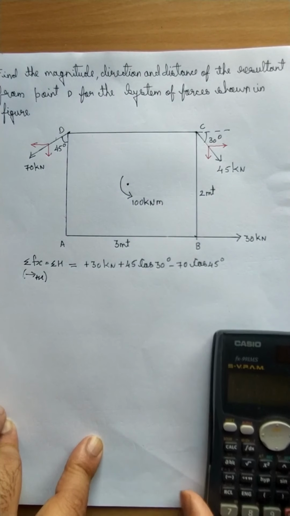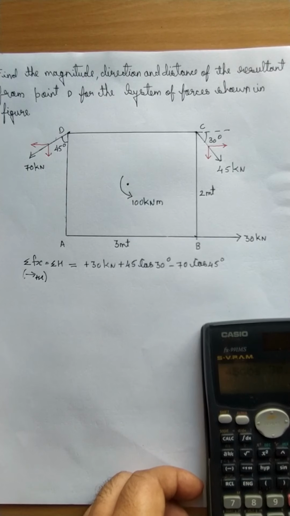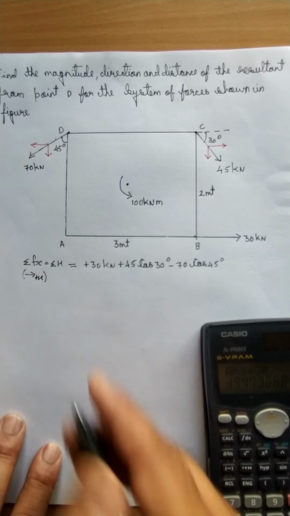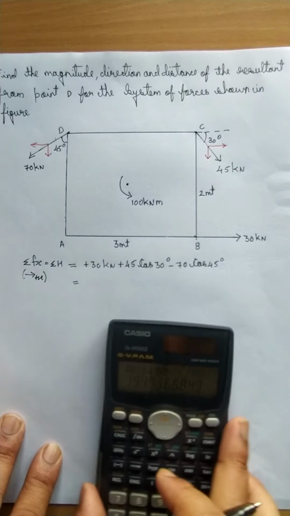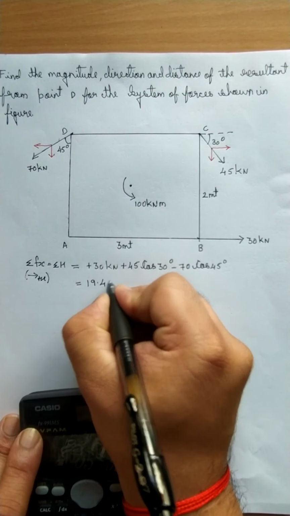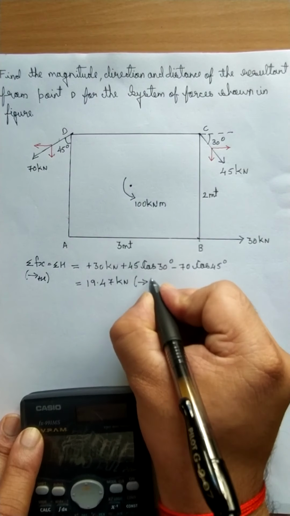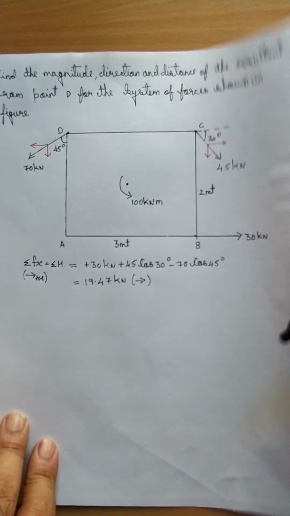So let us compute. So we are getting it as 19.47 kilonewton. So it is positive, which means it is in the forward direction.